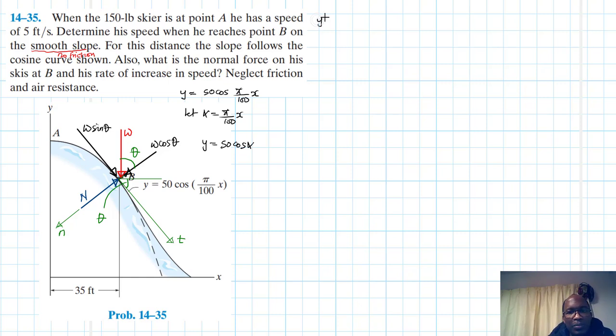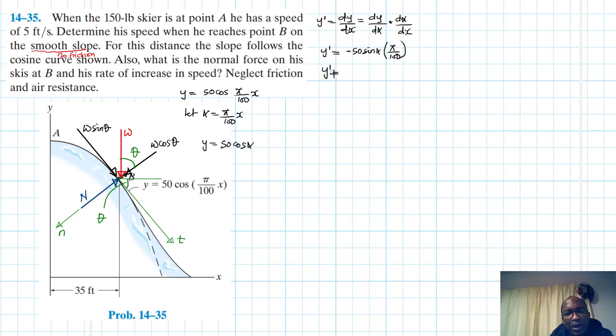Then y prime, which is dy/dx, we are going to use the chain rule: dy/d-alpha times d-alpha/dx. Therefore y prime becomes minus 50 sine alpha times pi over 100.